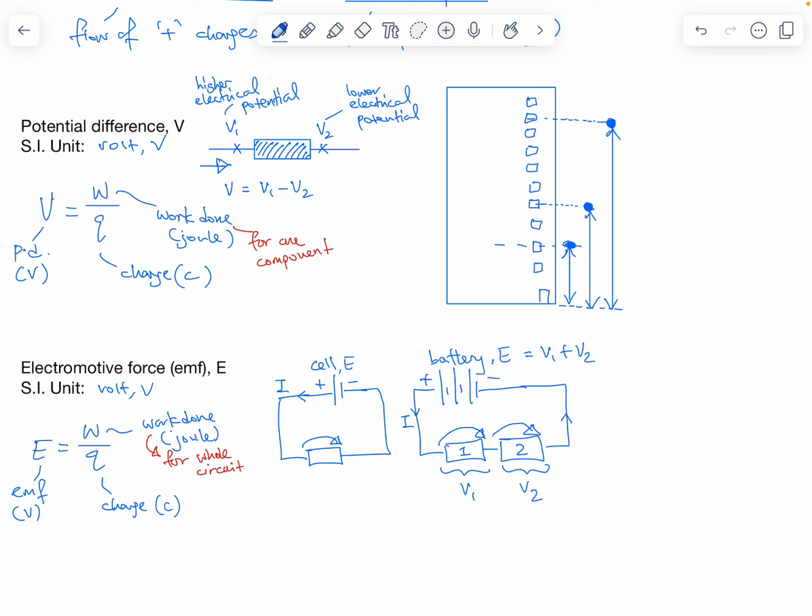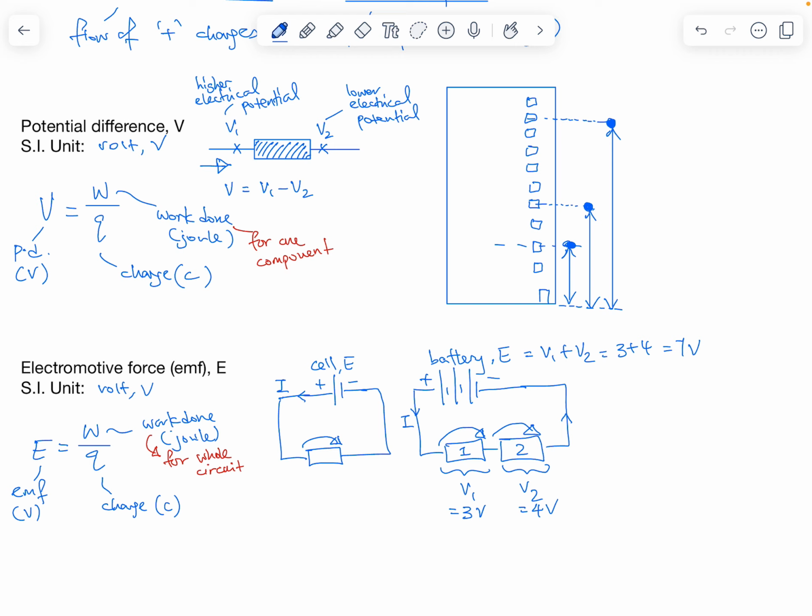So say if V1 is 3 volts, V2 is 4 volts, it means E must be 3 plus 4, 7 volts. So it is responsible to be the driving force to bring the 1 coulomb of charge across component 1 and component 2. So I hope that clarifies.